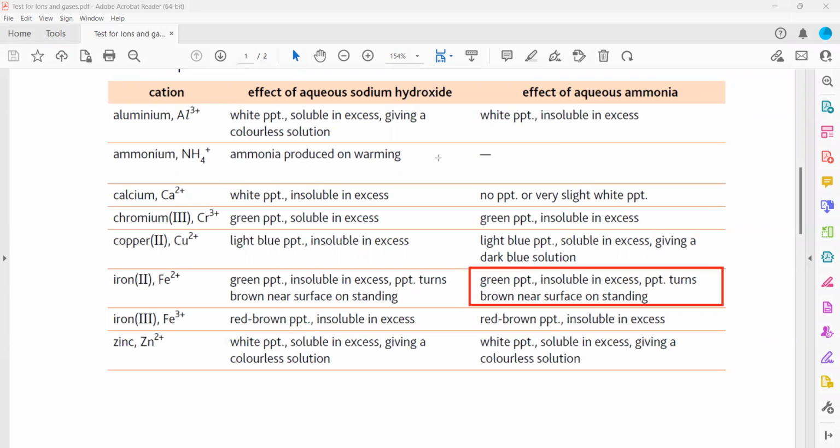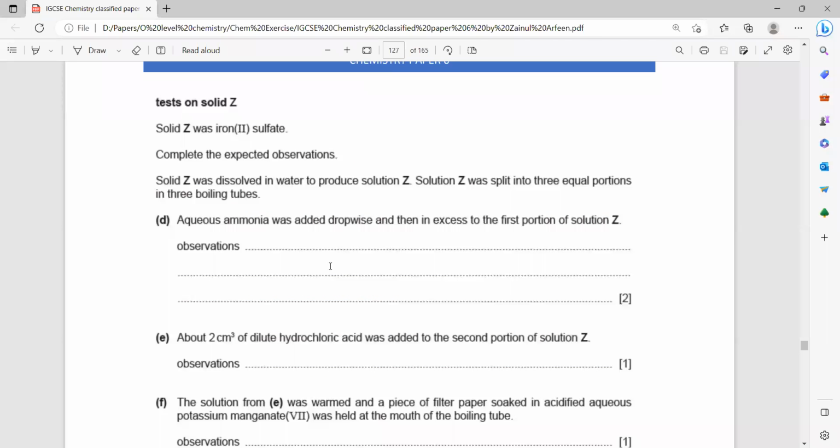And if we leave it, it will turn brown on the surface, because iron(II) will be oxidized to iron(III) by the air. So for this one, you will mention it will be a green PPT, and insoluble in excess.